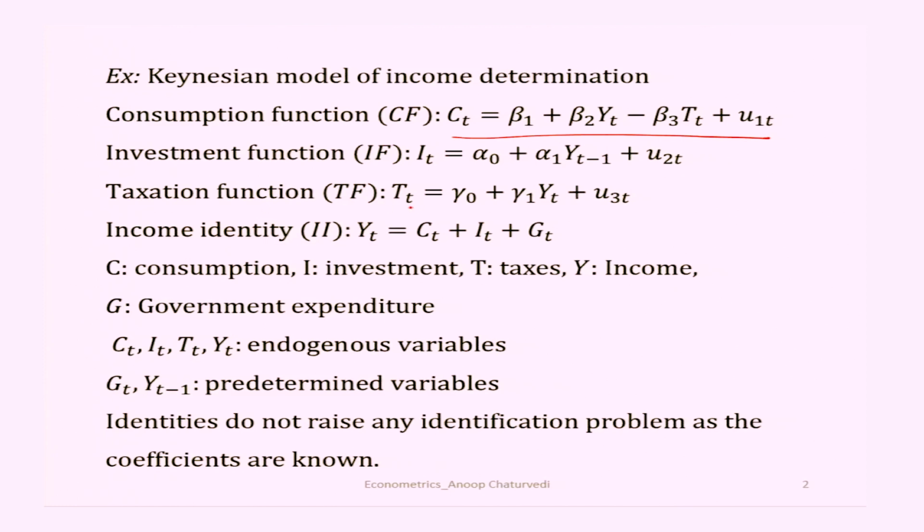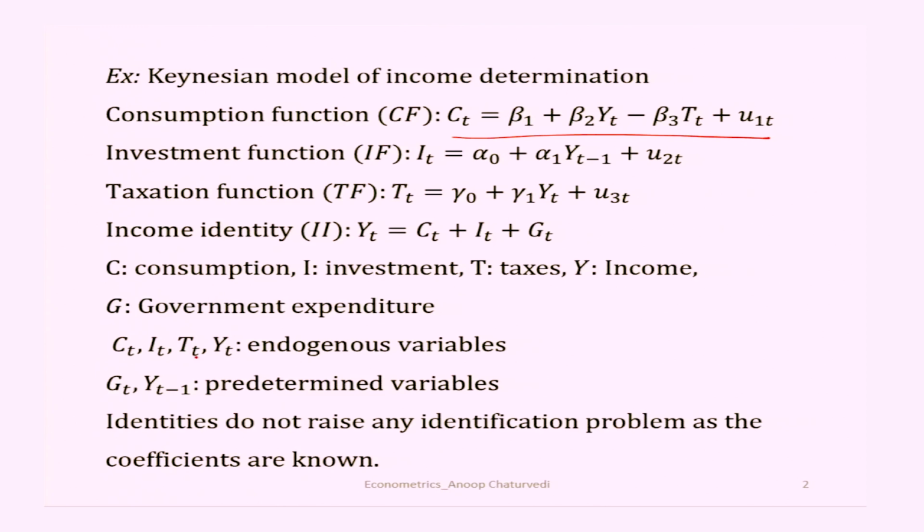Taxation function t t equal to gamma naught plus gamma 1 y t plus u 3 t, and then it has an income identity y t equal to C t plus I t plus G t. Here C denotes the consumption, I is investment, T is taxes, and capital Y is income. Capital G denotes the government expenditure.